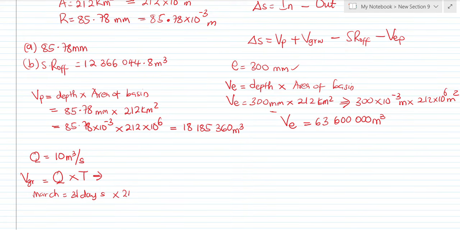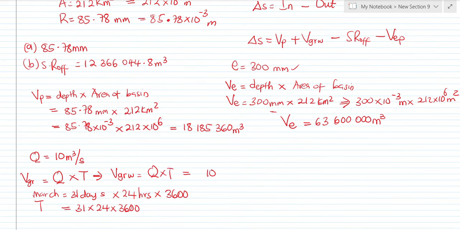So times 24 hours times 3,600. So the total time within the whole month of March is 31 times 24 times 3,600, and that time will be multiplied by the discharge to give us the volume. So the volume of groundwater will be equal to the discharge times the time.